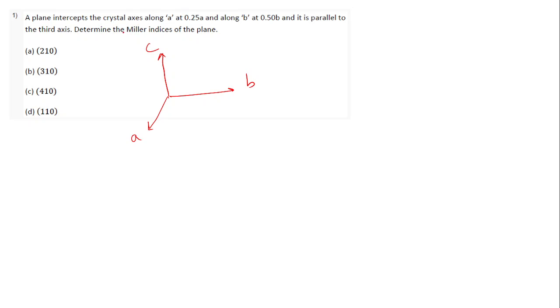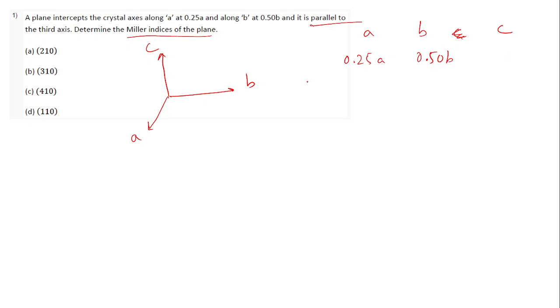Now we have to find the Miller index for this plane. This plane is cutting the A axis, or X axis, at 0.25 A. The B axis, it's intercepting at 0.50 B. The C axis, it's not cutting, it is parallel to the third axis, which is the C axis.